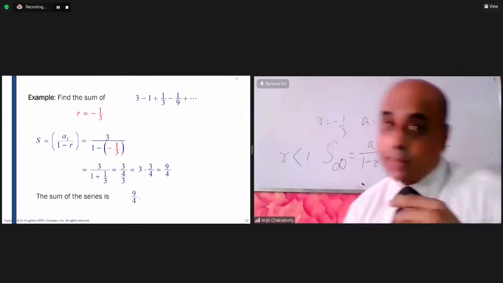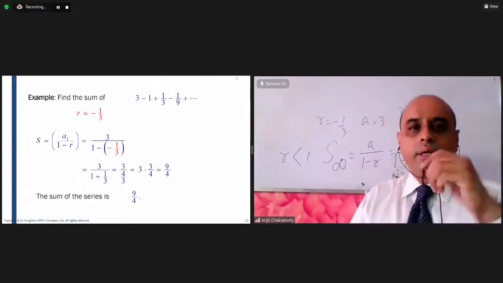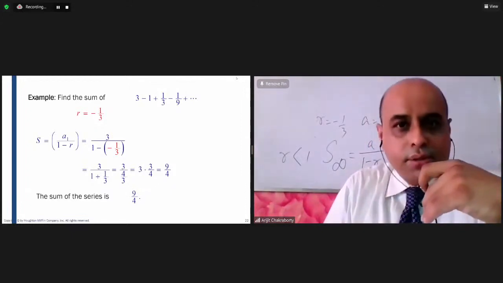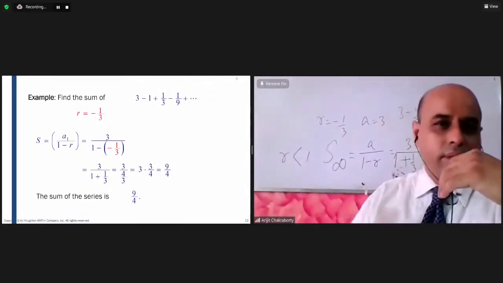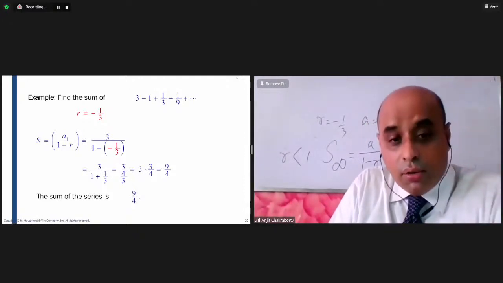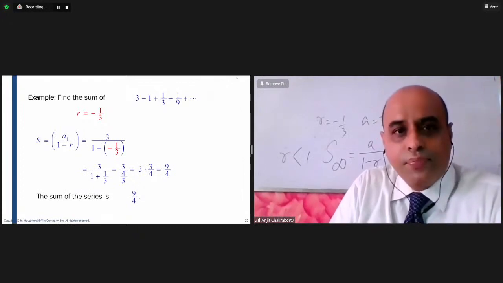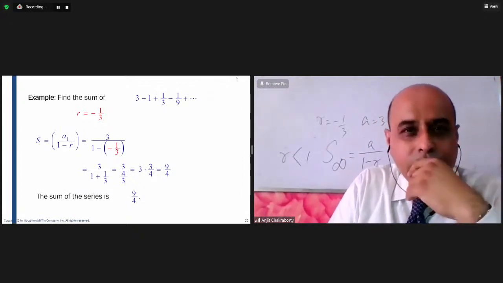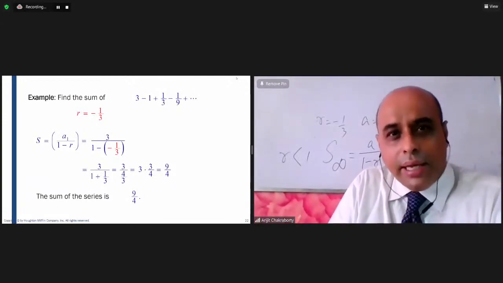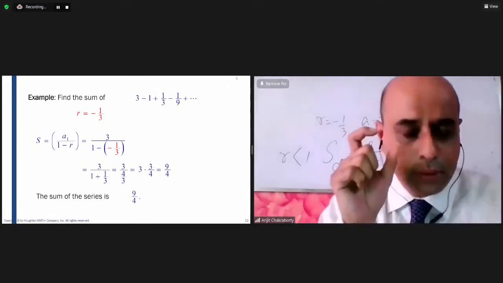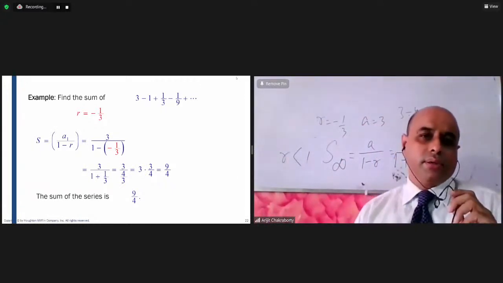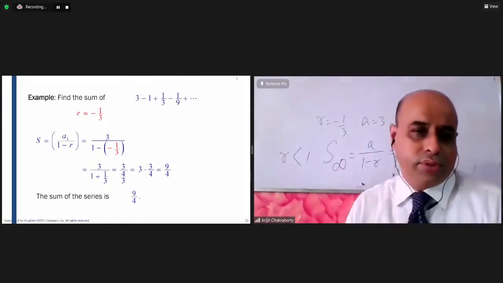Of course, it's an approximation. Please remember that infinity is a journey, it's not a destination. Infinity means going on and on. It's dynamic, it's not going to stop. So you may wonder, how are we getting a number like 9 by 4? Well, look at the formula of GP. As n, the number of terms, tends to infinity, there will be certain approximations we have to do.